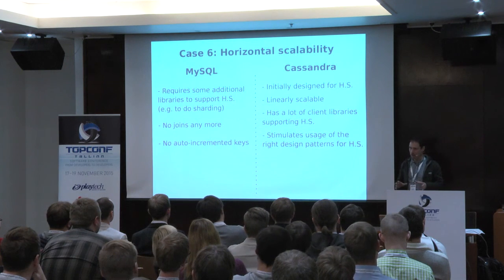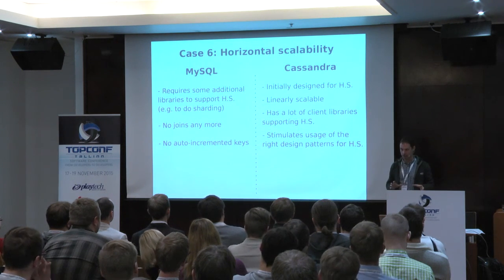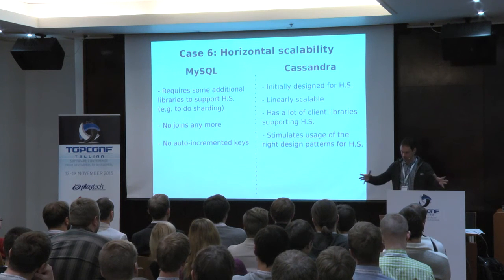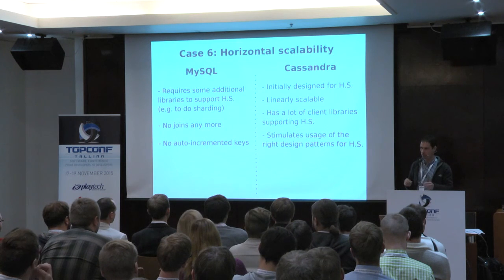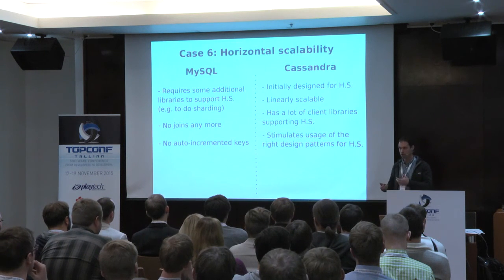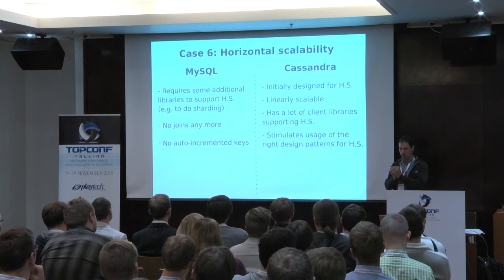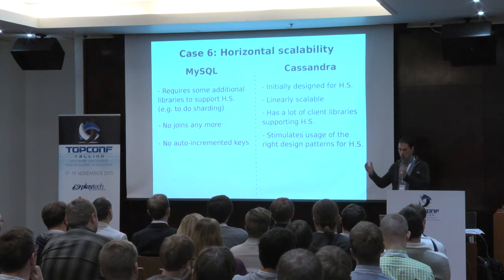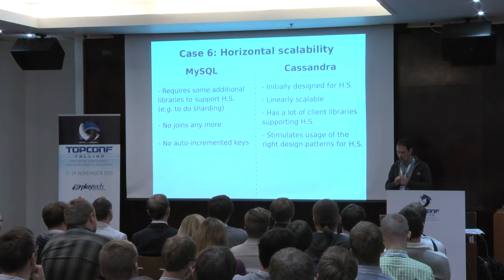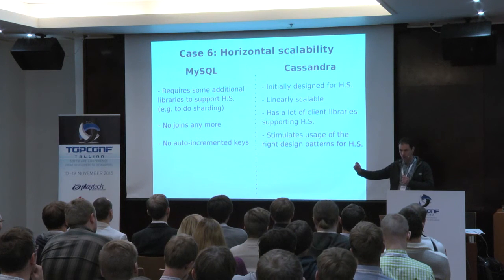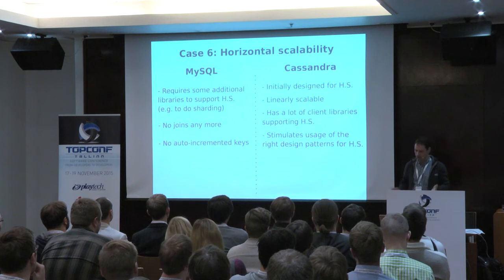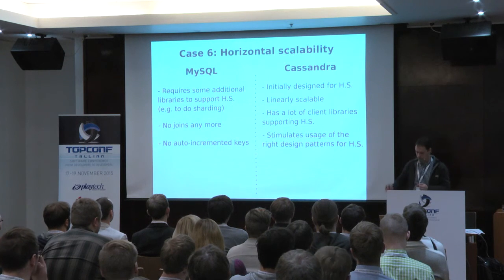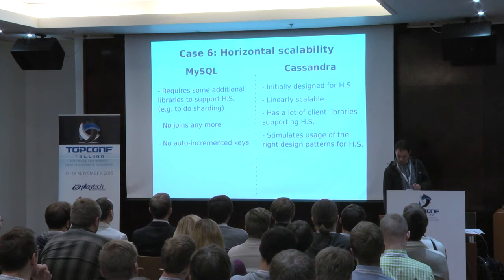So we don't use joins there because of the aggregation complexity. Mostly Cassandra encourages you to store most of the data inside one partition so that you only look up one server and get your necessary data. Yeah, it's a trade-off, but it solves this horizontal scalability problem very well.